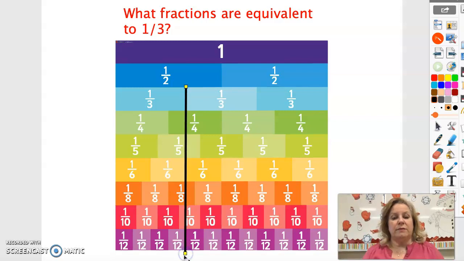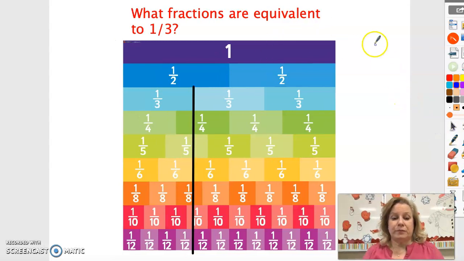And then we look, what's equal to 1/3? Well, we can see fourths, we're not on the line on fourths. Fifths, we're not on the line on fifths. Sixths, we are. So 1/3 is equal to, and you count how many sixths that line goes up to, 2/6.